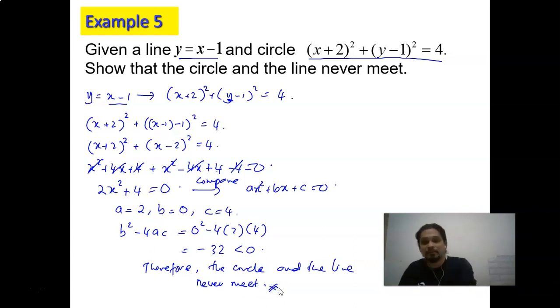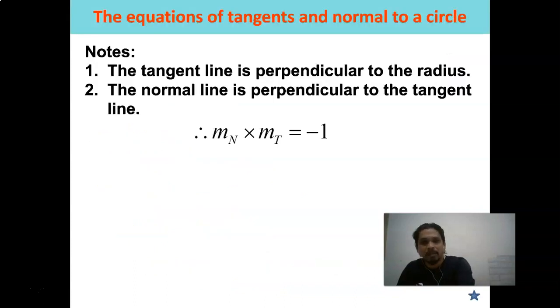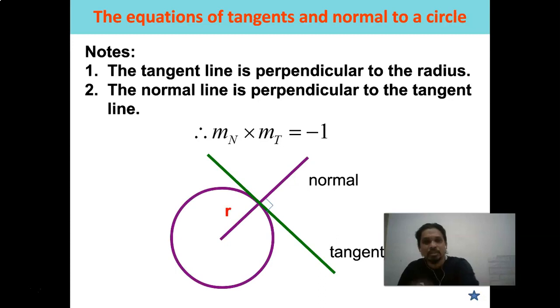Okay, example 5. Equation of tangent and normal to a circle. Okay, class, from this coordinate we call the center of the circle. You can also see a straight line touching at one point on the ring of the circle, forming 90 degrees between the line of normal and the line of tangent.